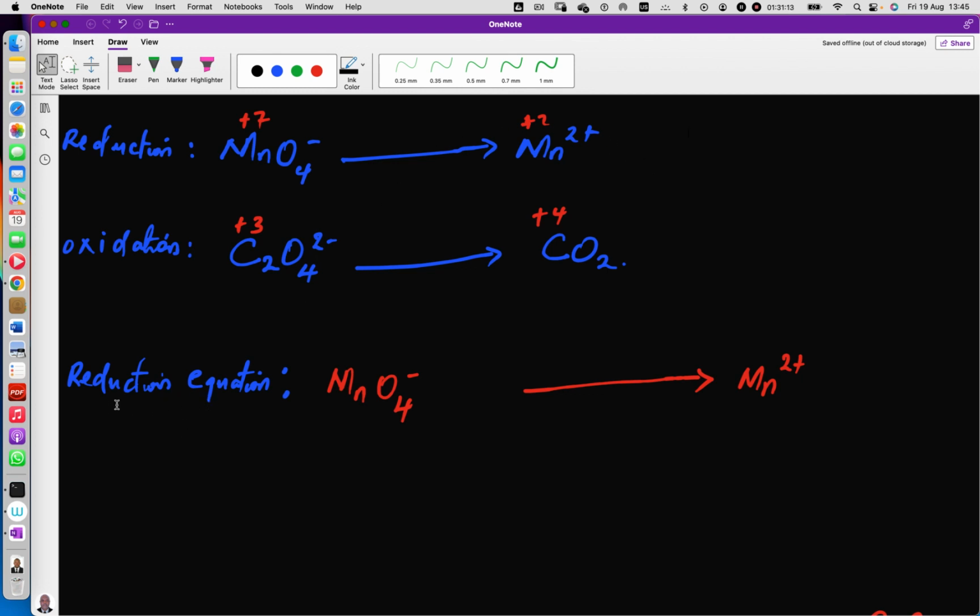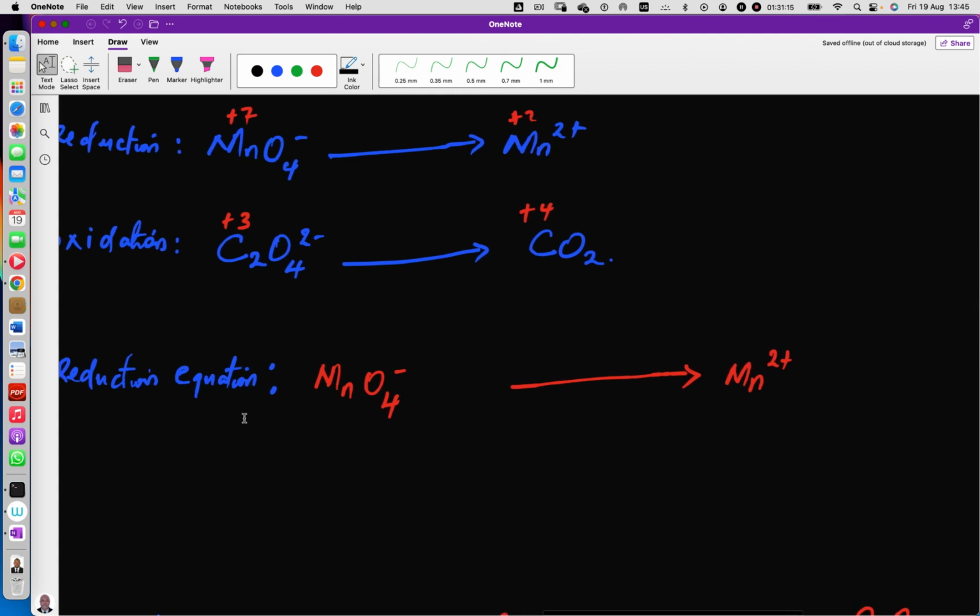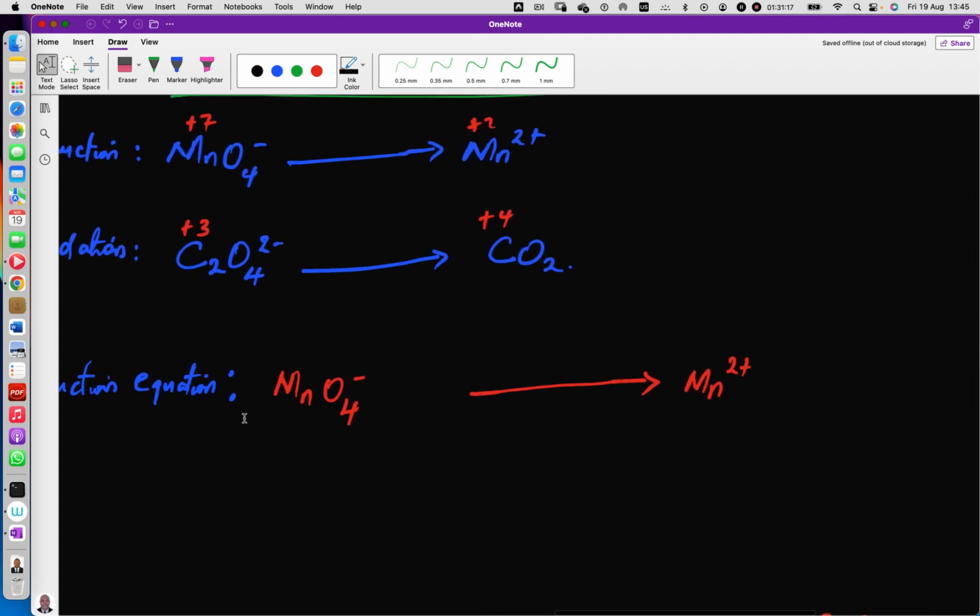For this reduction equation, we will balance the oxygen with a molecule of water. This is plus water. How many water molecules are here? There are 4 water molecules, so we have to put a 4 here.